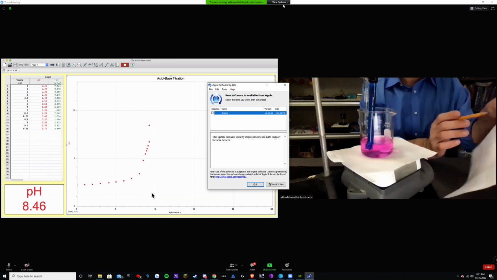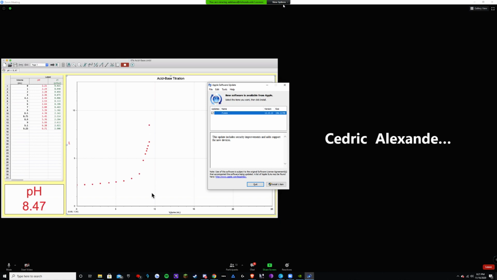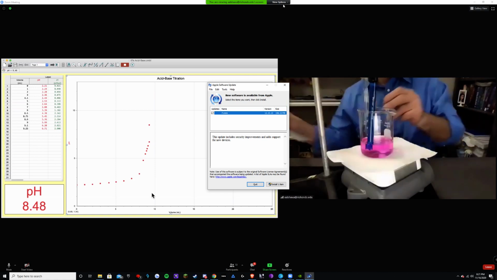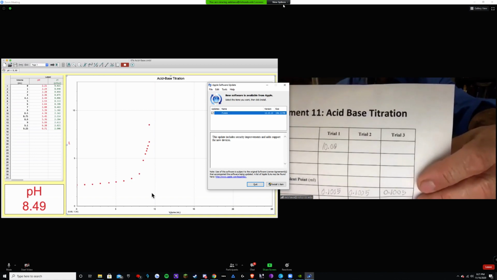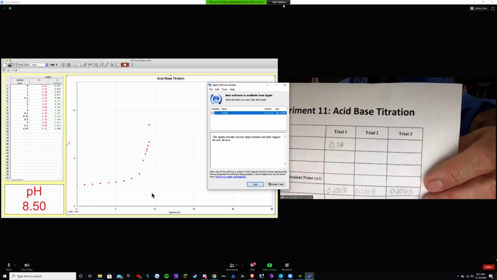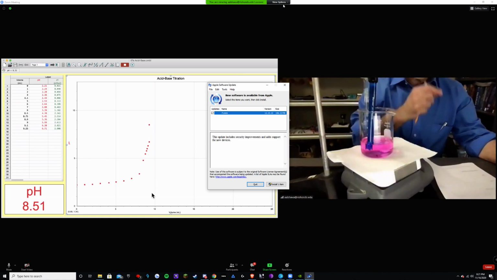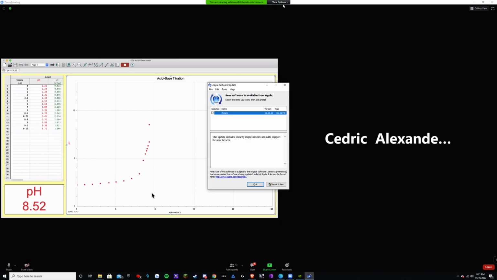Record that as 10.00 milliliters. So let's record 10.00, the volume of sodium hydroxide. And then we record the molarity of the sodium hydroxide to be 0.1005. I remember that value from one of the containers.